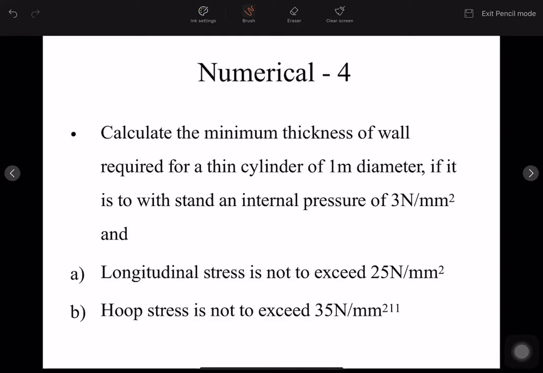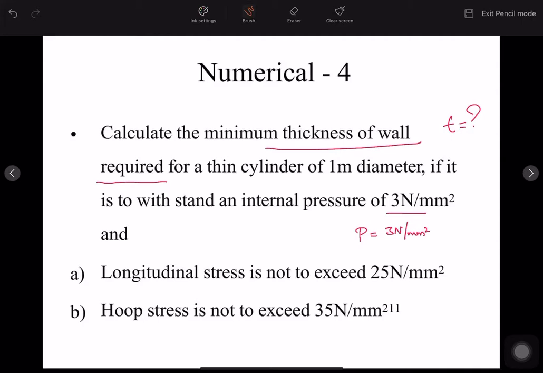If you go into the next numerical: calculate the minimum thickness t of wall required for a thin cylinder of 1 meter diameter if it is to withstand an internal pressure of P equals 3 Newton per mm square.